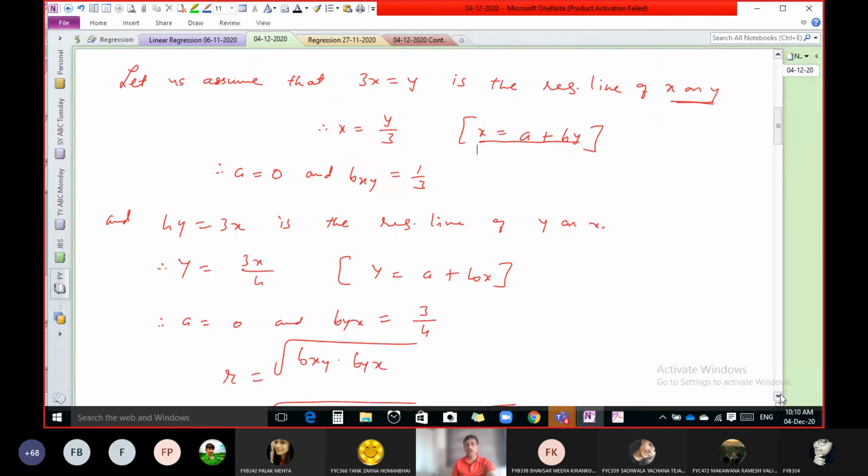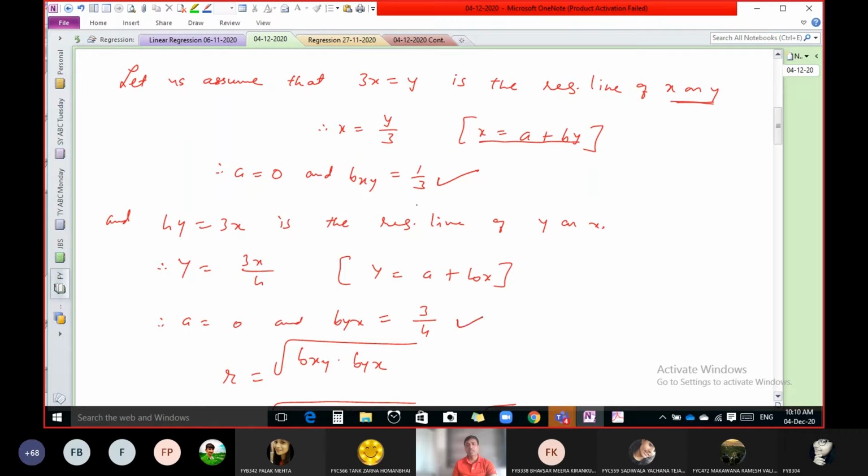Convert that into y equal to something. Dividing both sides by 4, we get y equal to 3x upon 4. Comparing that with y equal to a plus bx, we get a equal to 0, and the coefficient of x is 3 by 4, that is byx is 3 by 4. So now we have bxy 1 by 3, and byx 3 by 4.